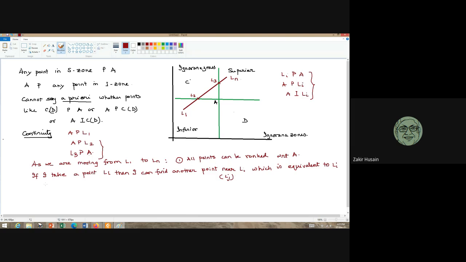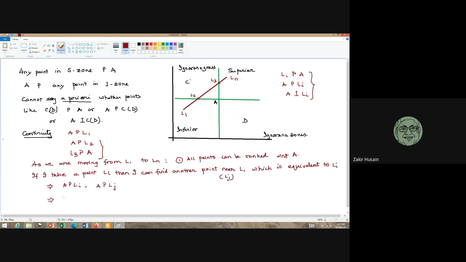Sorry. So basically what this means is that suppose there's a particular ranking. Suppose I prefer A to Li. Then close to Li, I can find another point such that A is preferred to Lj.